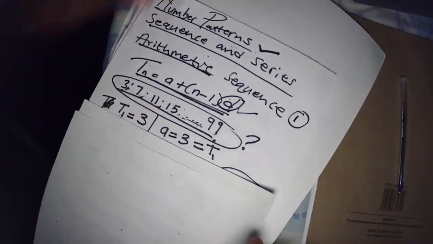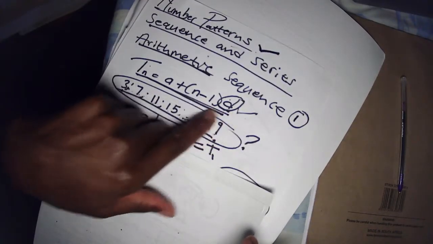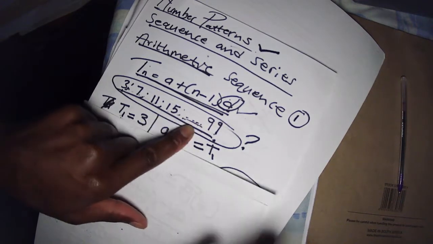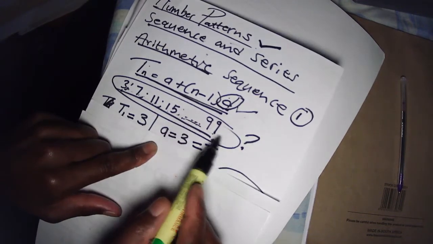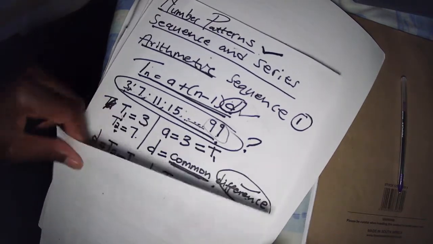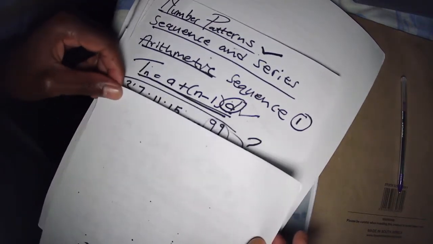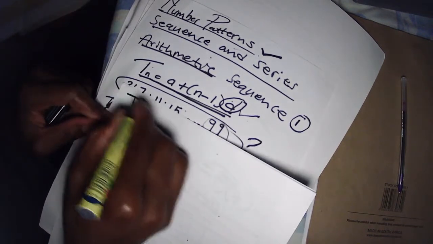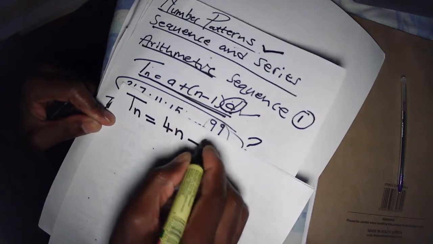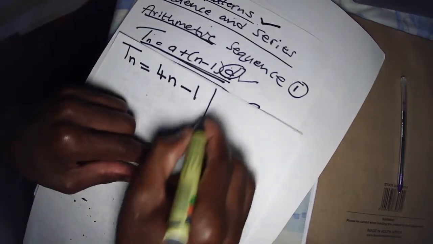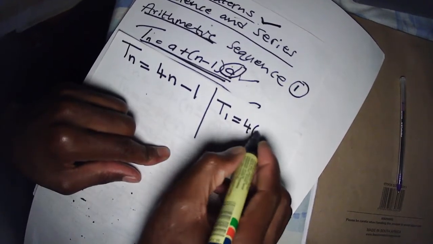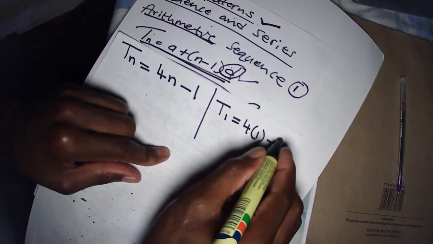So you guys have seen that we have 99 here. All right, we don't know the terms in between here. There are some terms missing out, but we have 99. All right, so let us write the formula of the nth term. So the formula of the nth term is 4n minus 1. So as you guys have seen, for example, t1 is 4 times 1 minus 1.